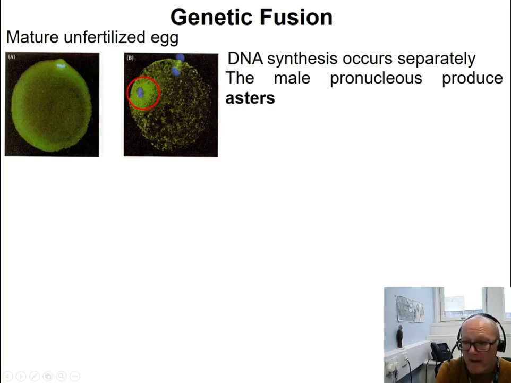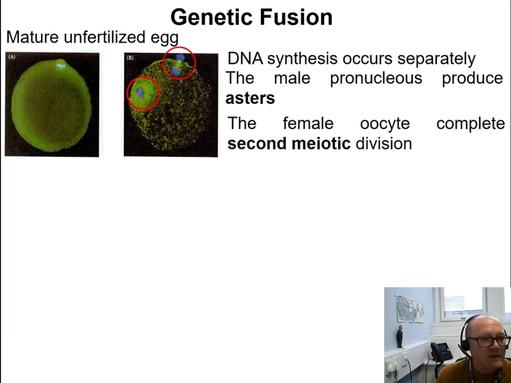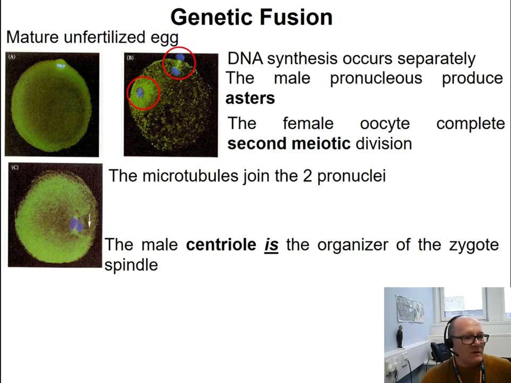Now, the job of this aster that is formed from the point of entry of the male nucleus is to put in contact the male and the female nuclei. So when the two male and female nuclei are fusing together, they organize their chromosomes in a common spindle, which is formed starting from the centriole that comes with the sperm.